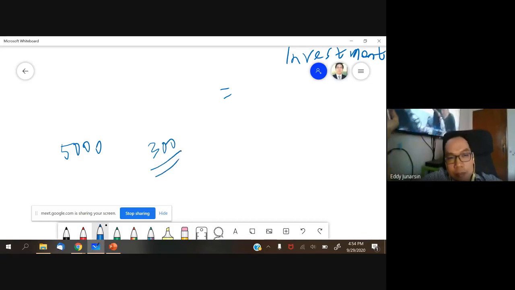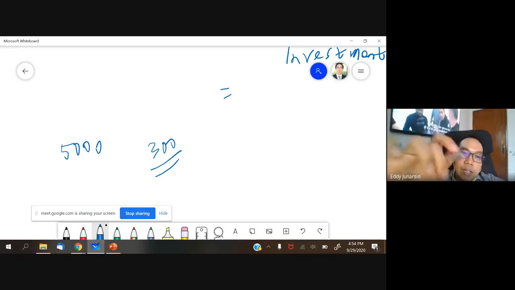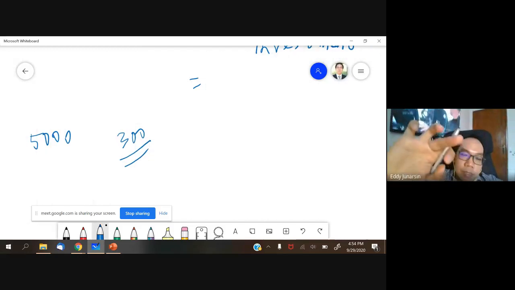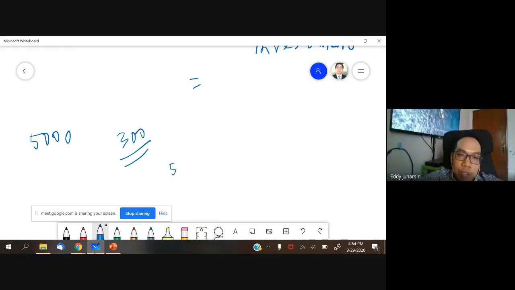So you bought it at 5,000 a piece, and during the holding period you got 300 rupiah as dividends per share. And when you sold it again, maybe 2 months later, the price was 5,200. Now this is just an example. It could be negative as well. Could be 4,000. Could be 3,600, like it is today. But just assume that it's 5,200.